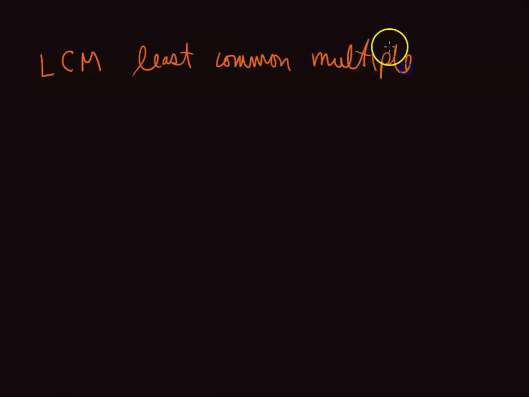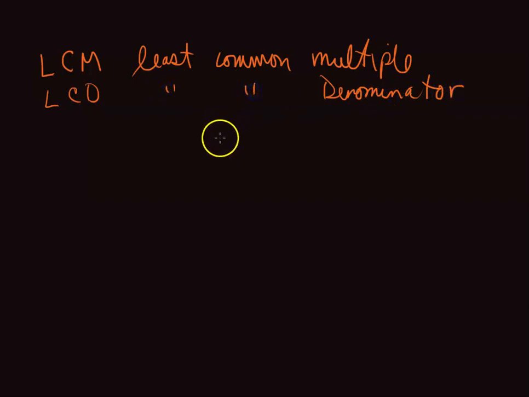Now, what is the least common multiple of two numbers? It's the same as the least common denominator if you're doing fractions, and that's why this becomes important.